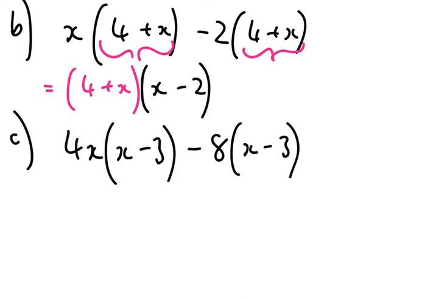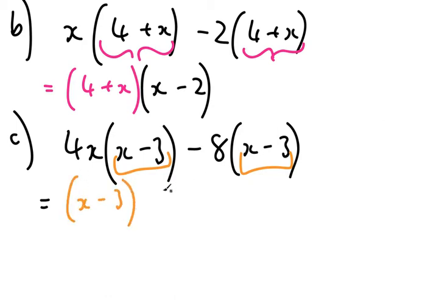Okay, so common factor here, x minus 3. x minus 3 again, this bit in brackets here is a common factor. If these brackets are not the same, if this is something different, like 2x or plus 1, then you can't do this. You do need these brackets to be the same. So, pulling out that same bracket there, they're both x minus 3.